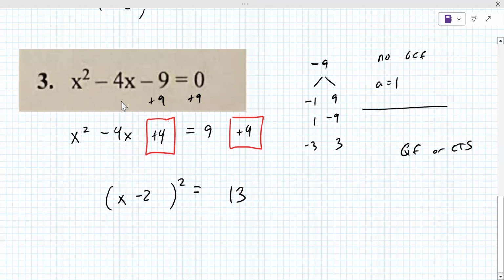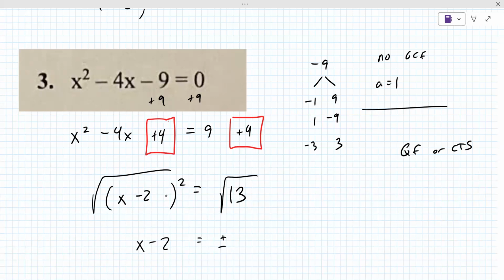Okay, we're almost there. How do you undo this to get to X? What's the next thing here? Gotta find the square root of both. Good. On the right, it's plus or minus the square root of 13, but it does not have a known square root, so we just leave it as is.